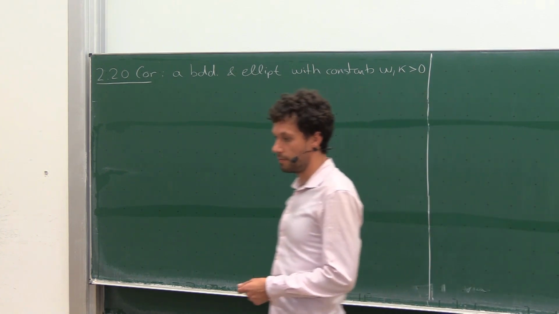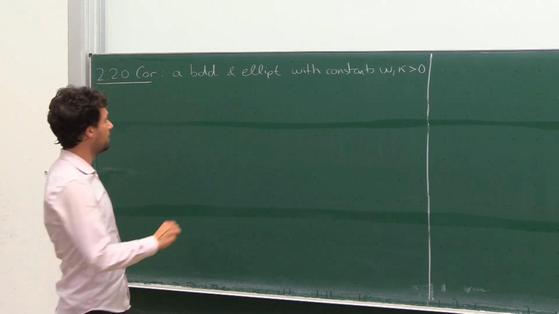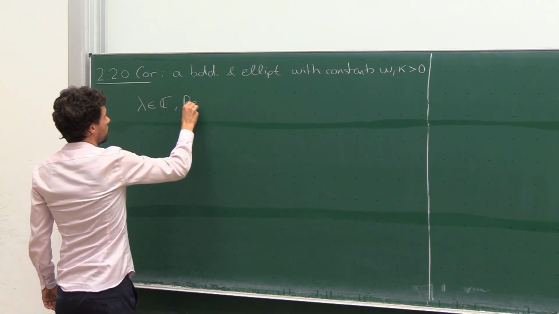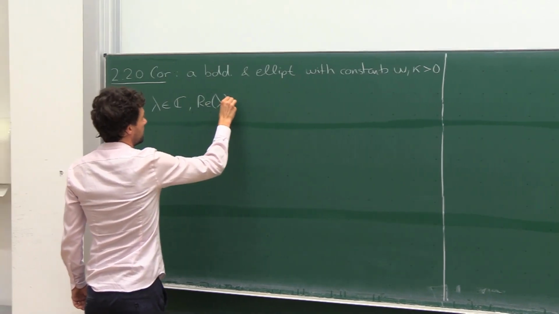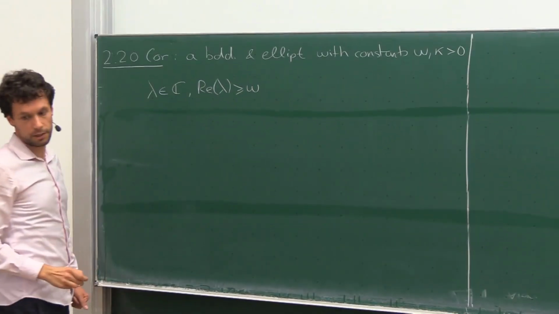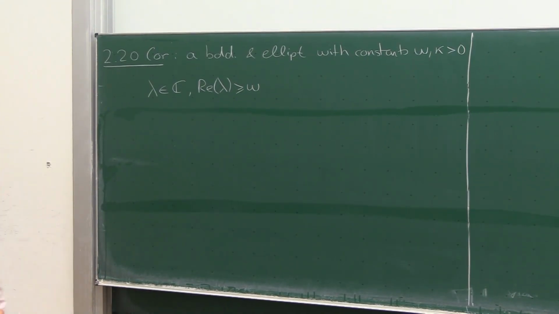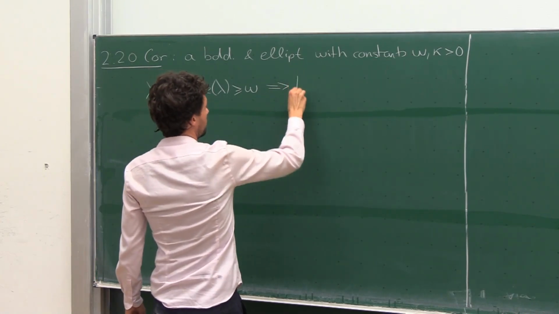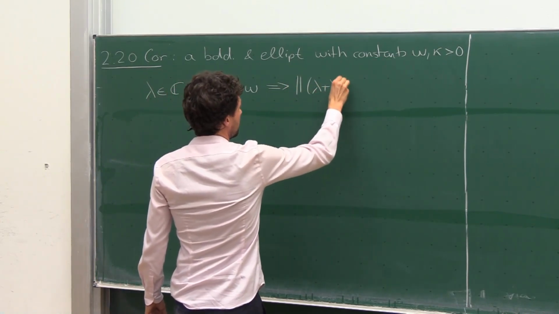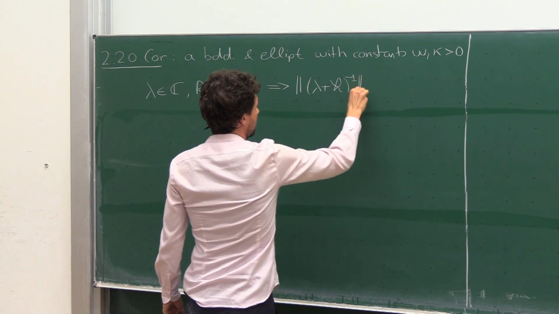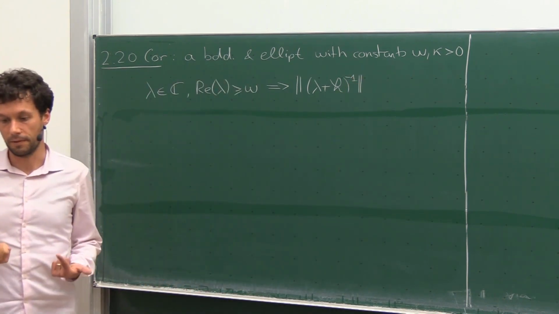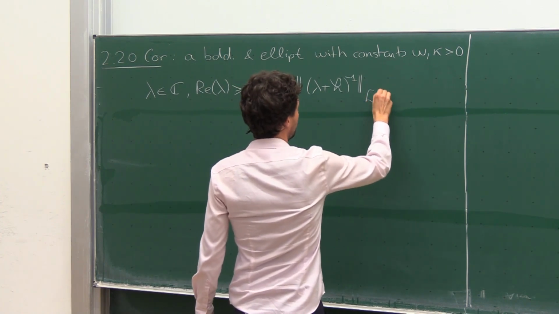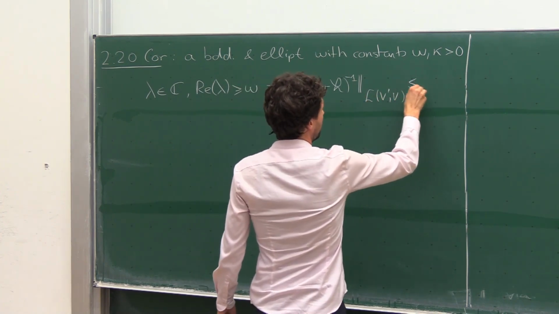So suppose we have these two constants, and then the claim is straight and simple. Whenever lambda is a complex number, the real part of which is larger or equal to omega, then it follows that lambda plus script L is an isomorphism from V onto V prime, and I can bound the norm of the inverse by 1 over kappa.